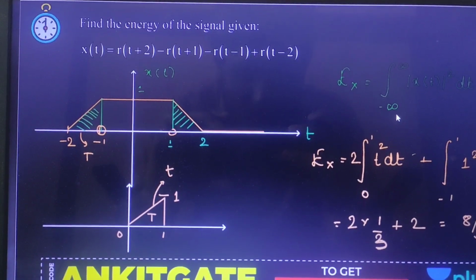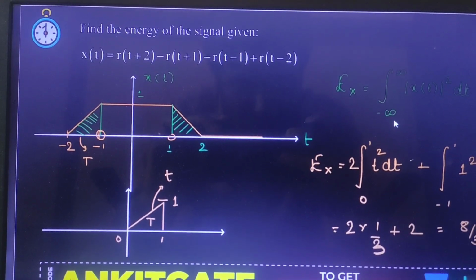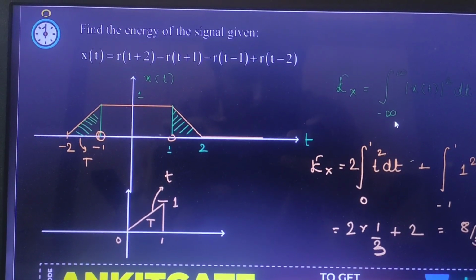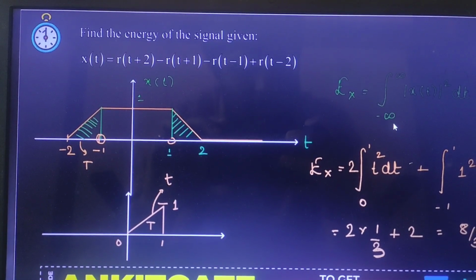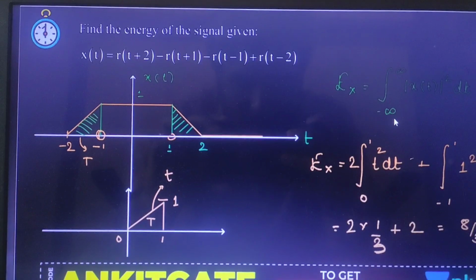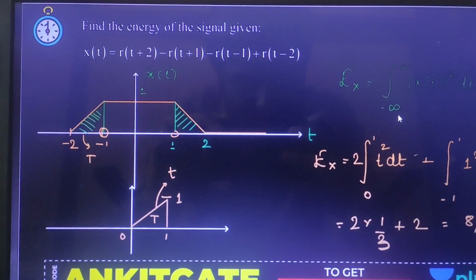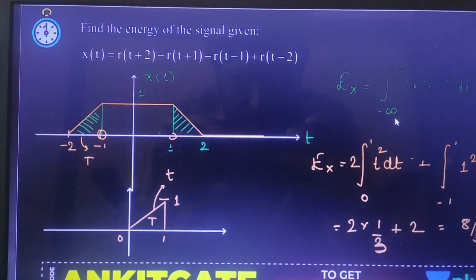So the energy of a square is A square tau. Here tau is equal to 2. So 1 into 2 you will get as 2, plus the energy of a triangle is 2 by 3 A square tau.